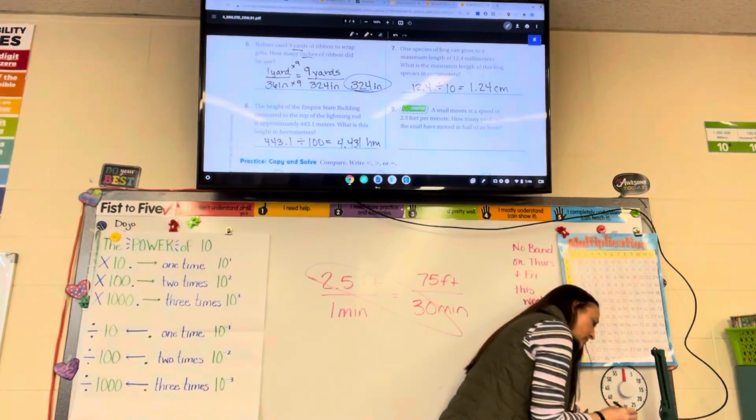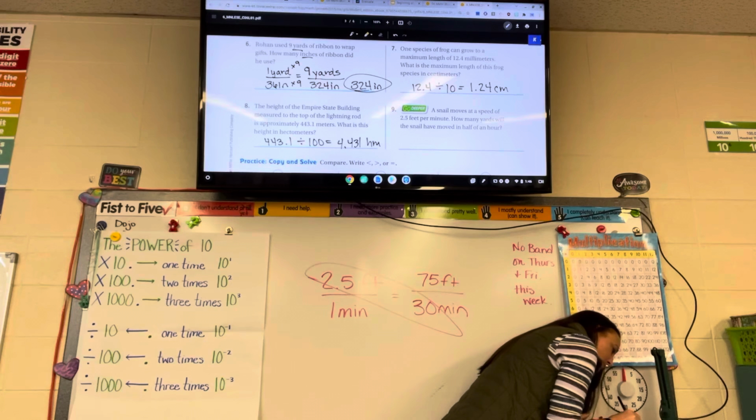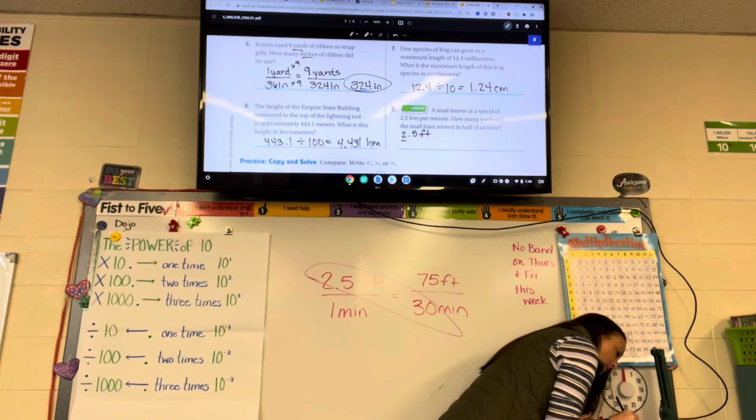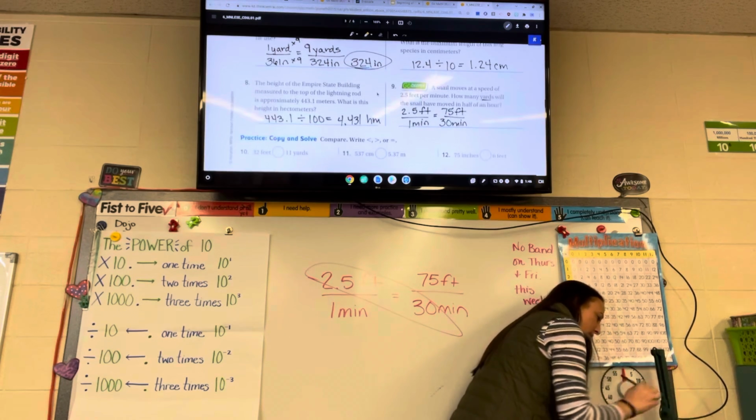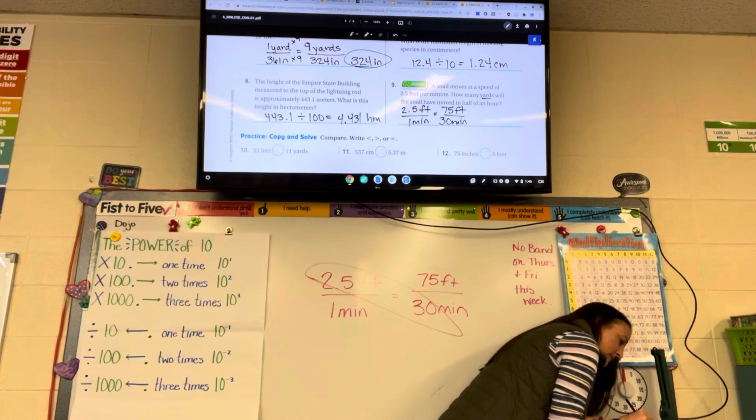So we're gonna go 2.5 feet in 1 minute, and in 30 minutes, we figured that out as 75 feet. So now we've got to convert 75 feet into yards. So 1 yard equals how many feet? 3 feet.